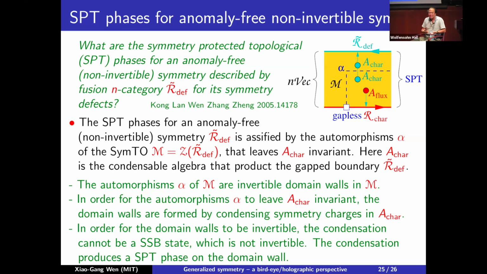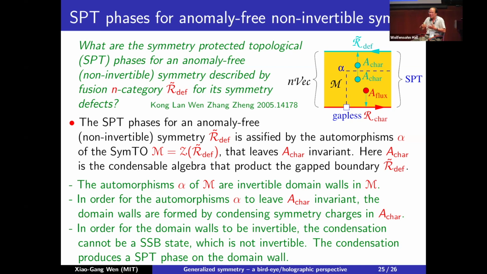And the funny thing is that from this point of view, we seem to be able to define SPT states even for anomalous symmetry, because we don't need the bottom boundary. We just have some SymTO, some top boundary, then we have an automorphism which leaves this condensable algebra unchanged. Maybe we can formally define this invertible domain wall in the bulk as like adding an SPT order.